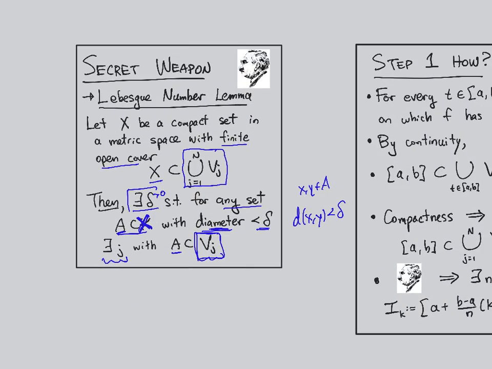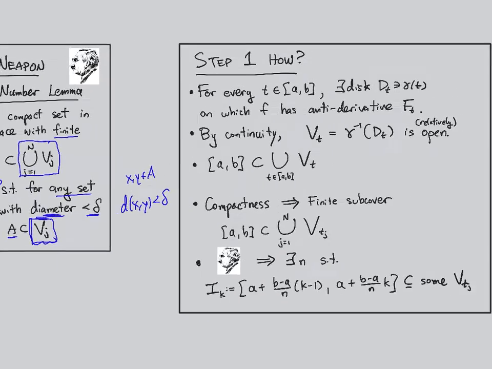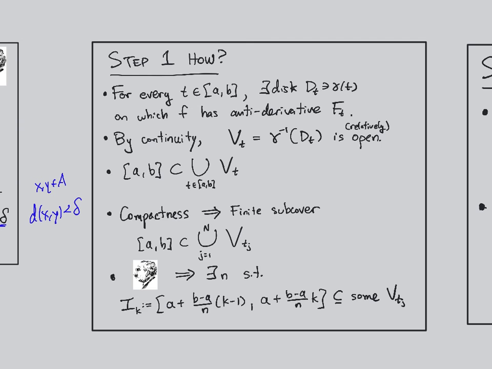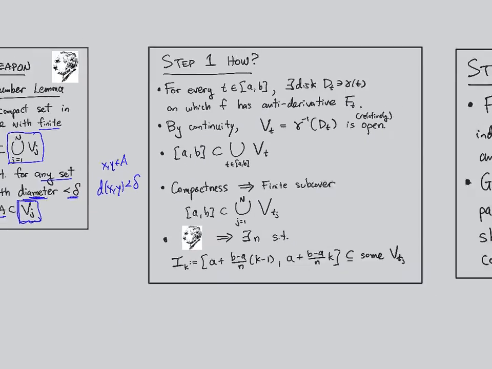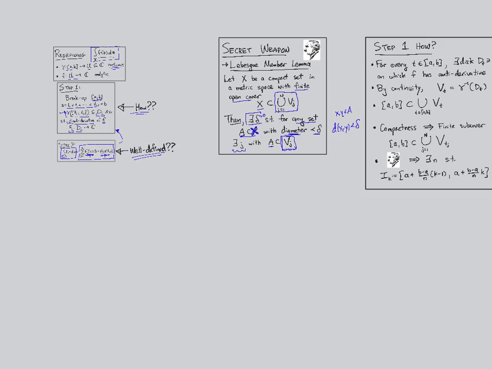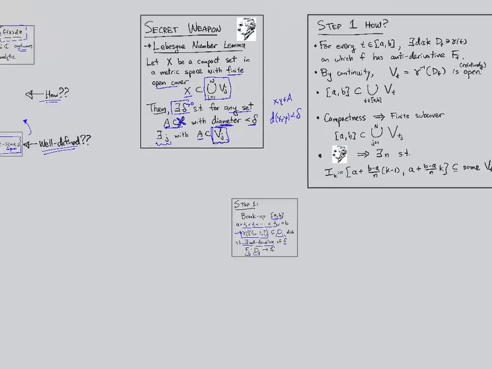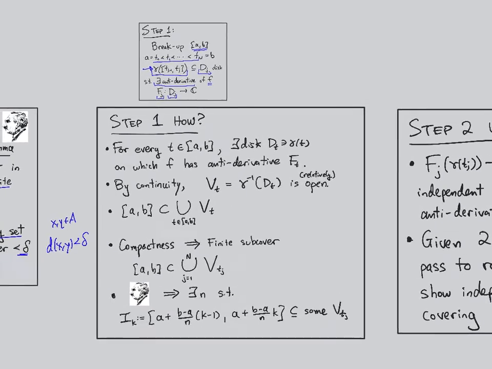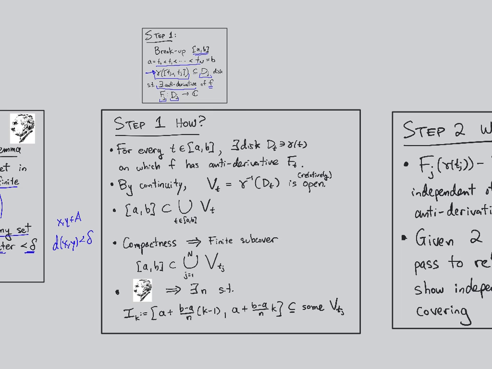So using the Lebesgue number lemma, we can address step one. And this is important to see at least once because this is an argument that you see a lot in algebraic topology. So step one, what was it? Step one was to break up our interval into pieces where we had antiderivatives. So we'll do it by first finding antiderivatives on a bunch of disks.